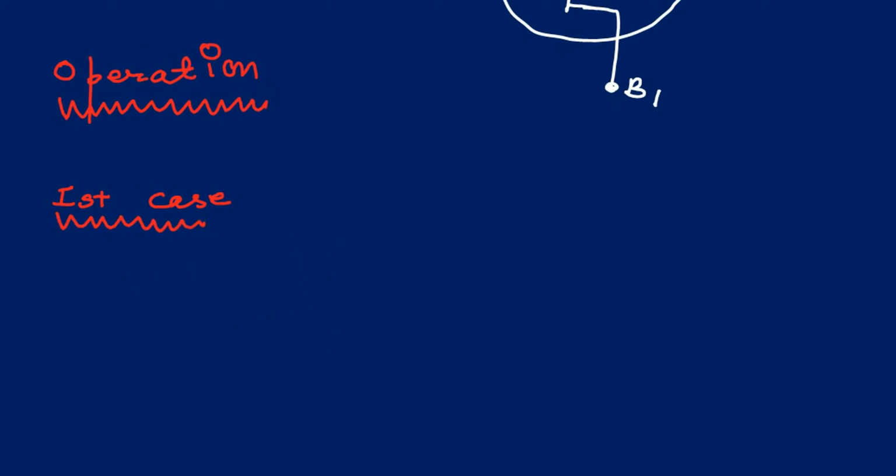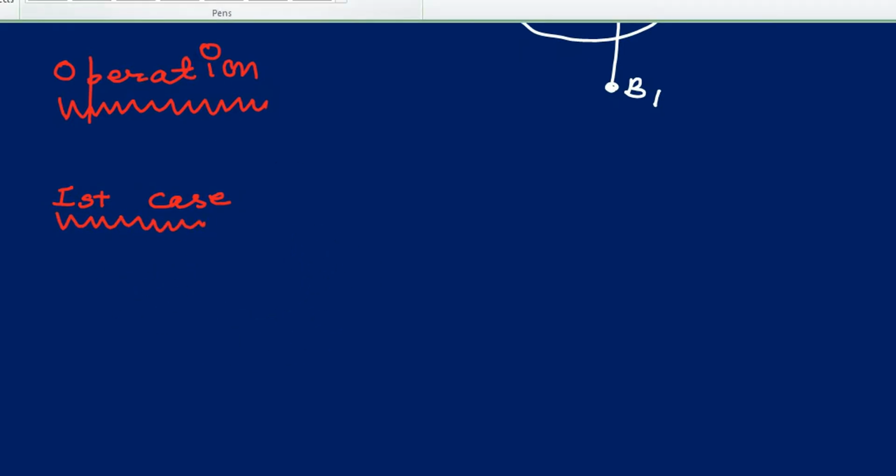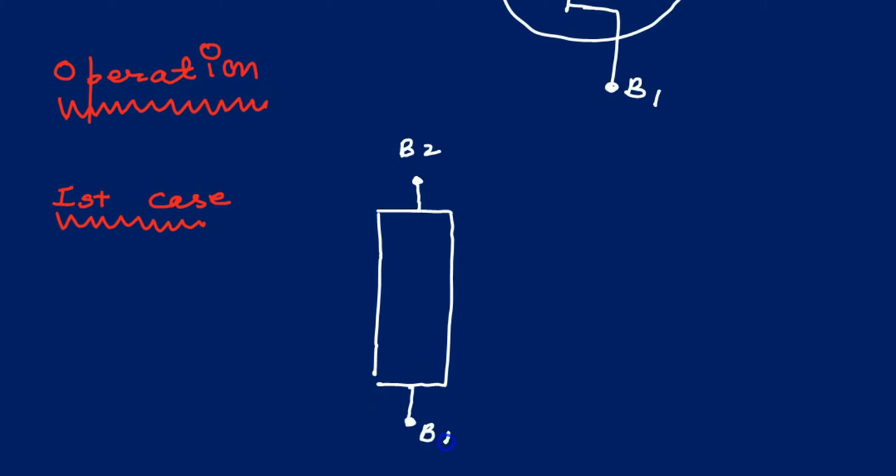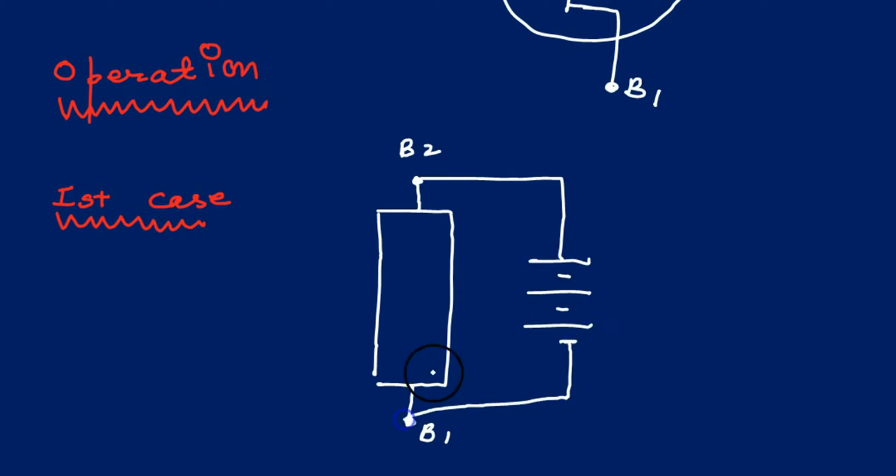Under operation, let me consider the first case. First case means we will not give any potential to the emitter. Between the two bases, we are applying a potential difference.